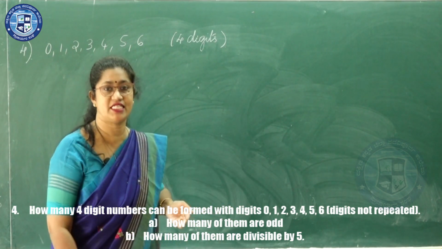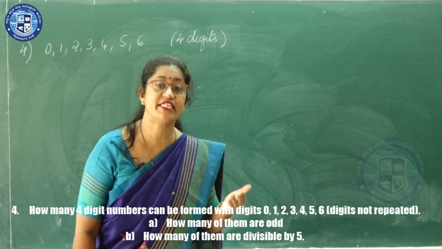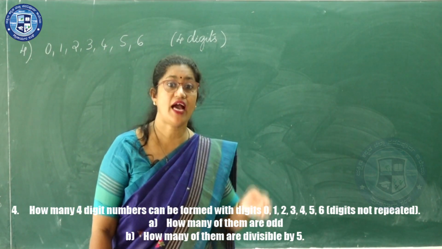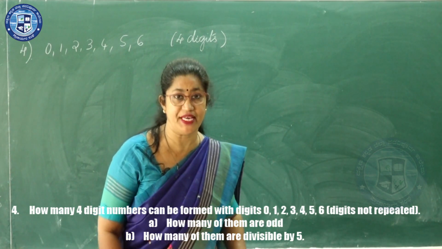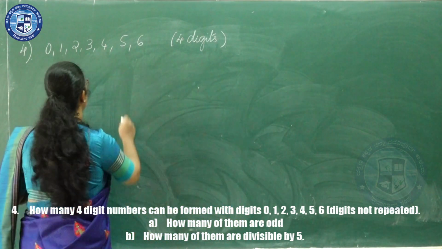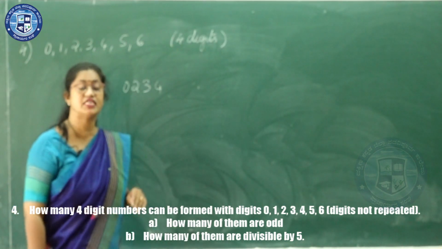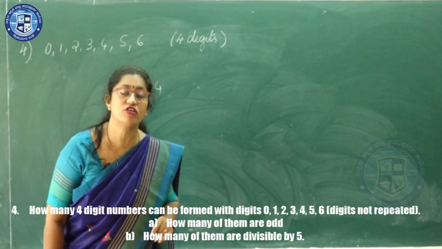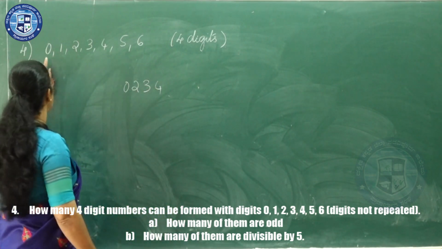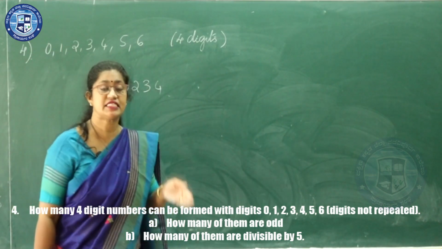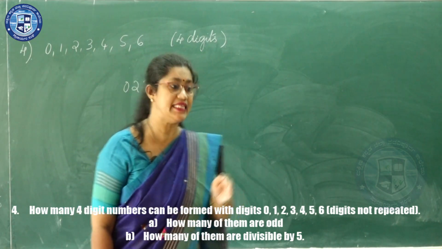What is that restriction? If I have to write a 4-digit number, I cannot put 0 in the first place. If I put 0 in the first place and write this as an arrangement, this becomes a 3-digit number and not a 4-digit number. So when 0 is there, restriction is automatically there.